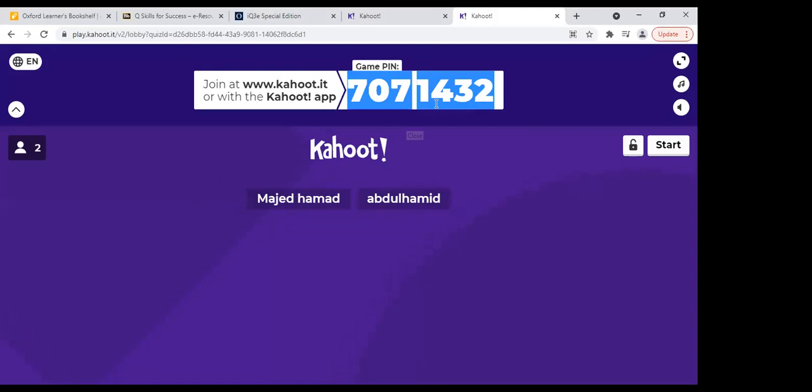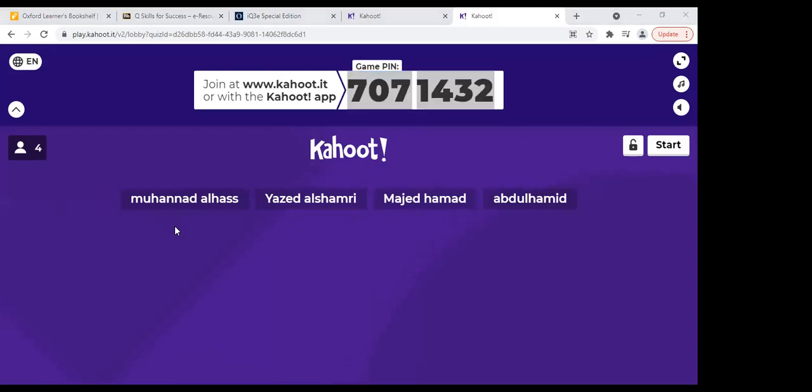Is there a code or something? And the code is this. Can you see the code on the screen? Can you see my screen? Yeah, the Kahoot screen. So that's the code, the pin number. You write in the number 707-1432.